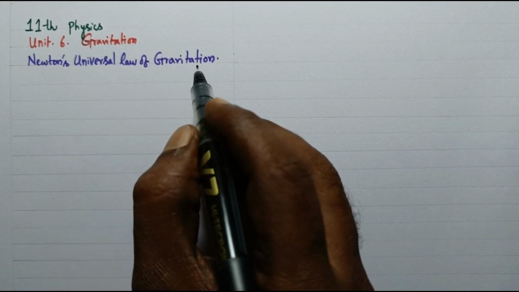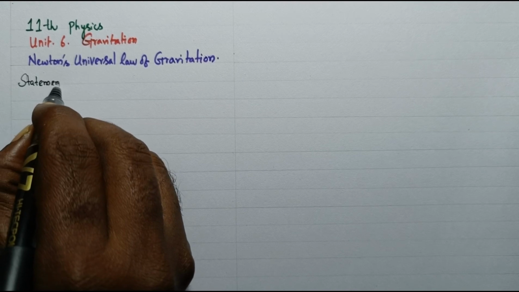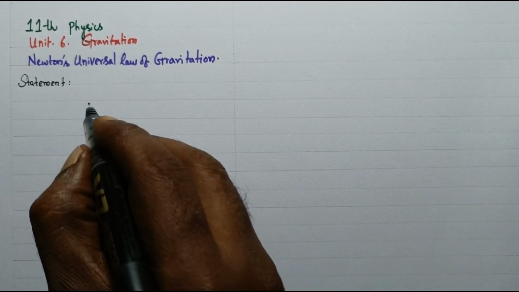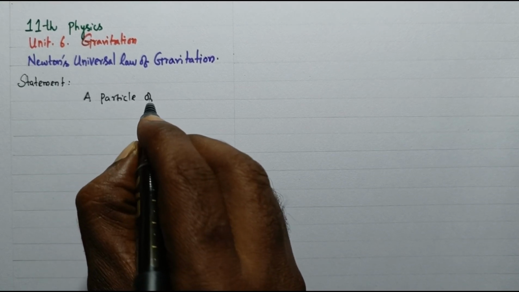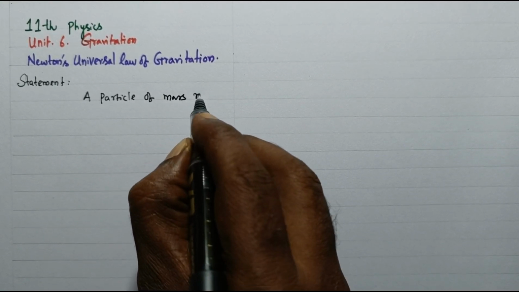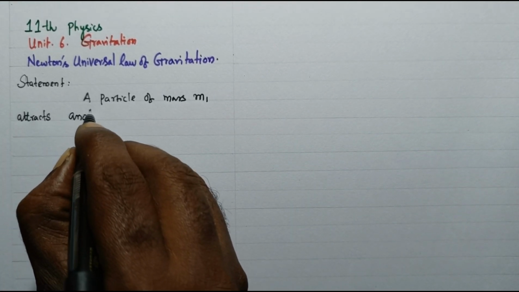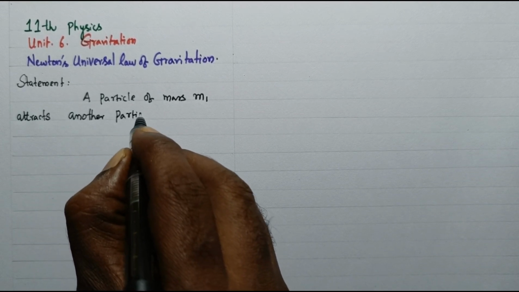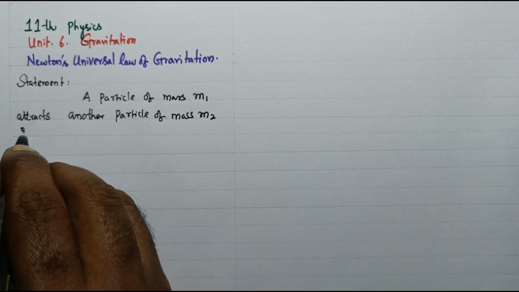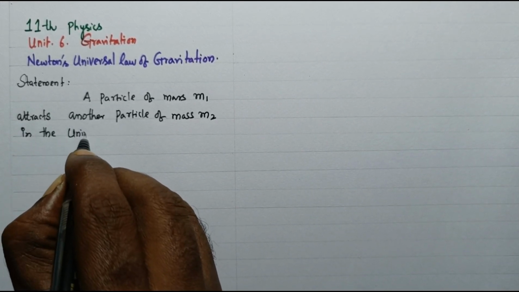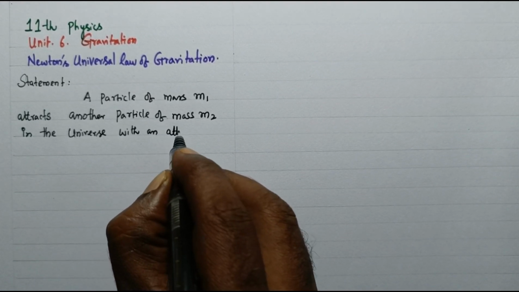First, the universal law of gravitation statement: a particle of mass m1 attracts another particle of mass m2 in the universe with an attractive force.